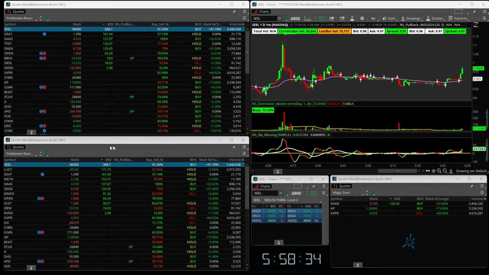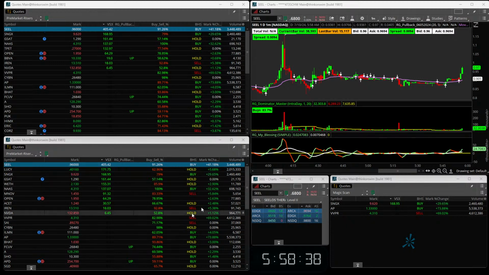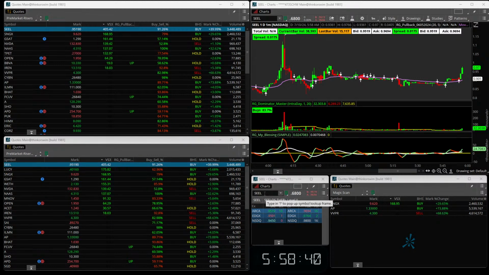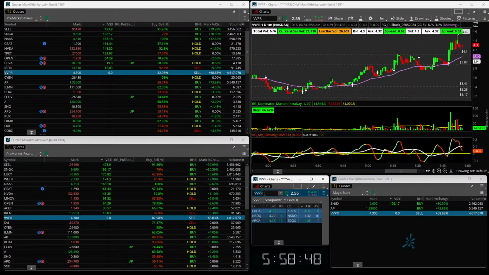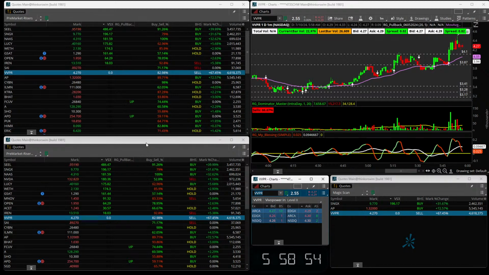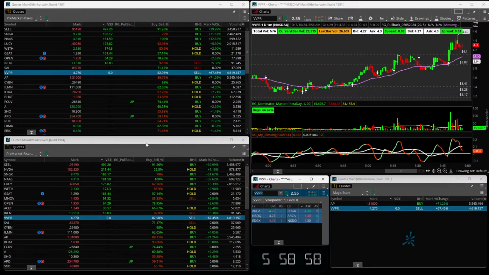SEEL moving around a little bit as well. I think we're going to watch VVPR at the open to see if it gives us some good gains. It looks like it has a good stable trend going.